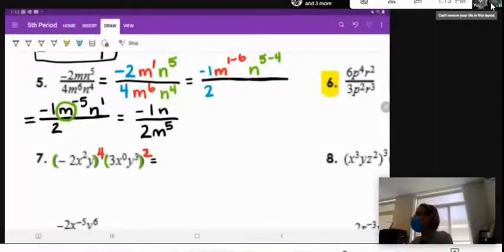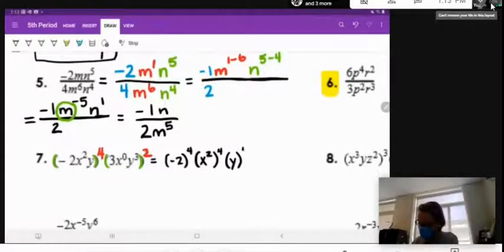So the very first thing we're going to want to do is take these exponents that are on the outside and distribute them in to each of the pieces on the inside. So we start with the -2 to the 4th, x squared to the 4th, and y to the 4th.